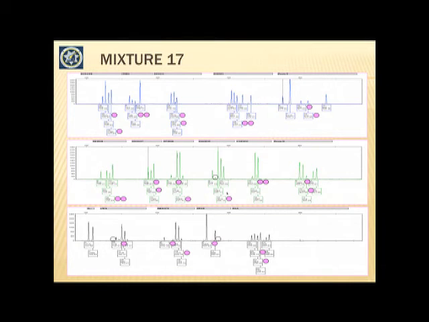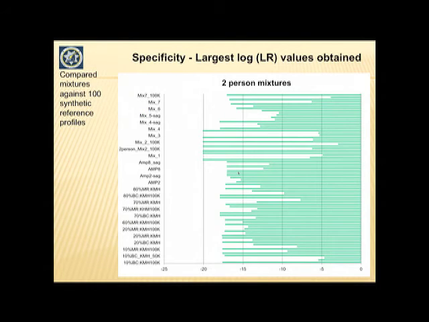So if I were doing this manually, I would have a really hard time excluding that individual as a contributor to this mixture. The TrueAllele generated inconclusive results because we generated 2 runs where this individual provided a negative log likelihood ratio and 2 where there was a very small positive log likelihood ratio.